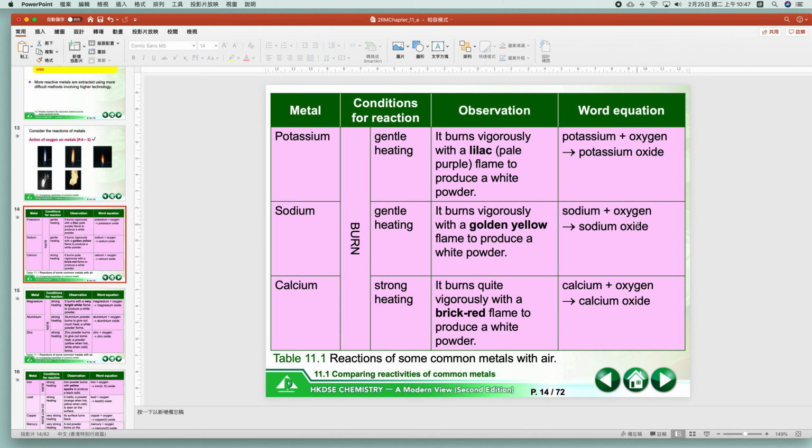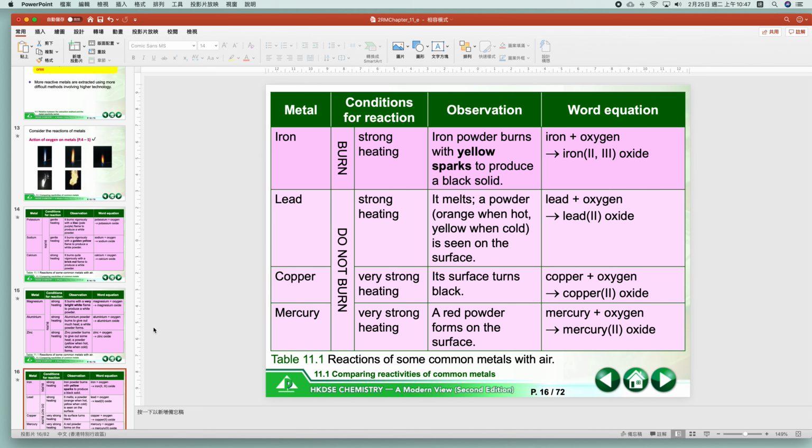Sodium reacts with oxygen to produce sodium oxide. In the case of iron, you can see iron reacts with oxygen to form iron(II, III) oxide. That means both iron(II) and iron(III) oxides are produced.